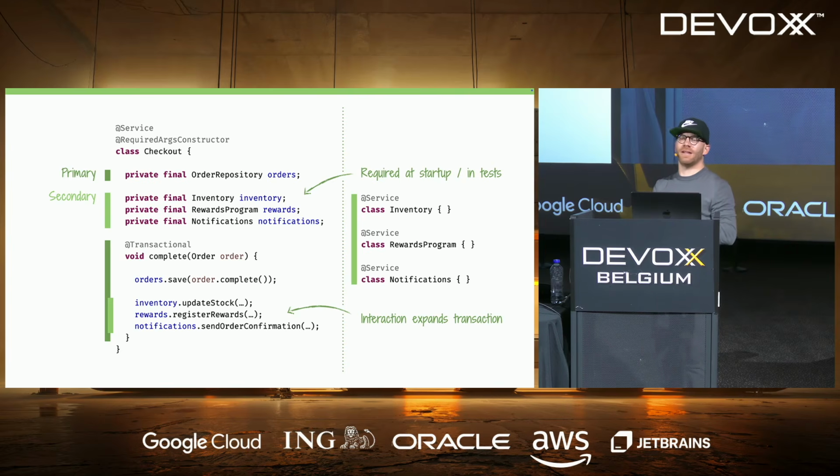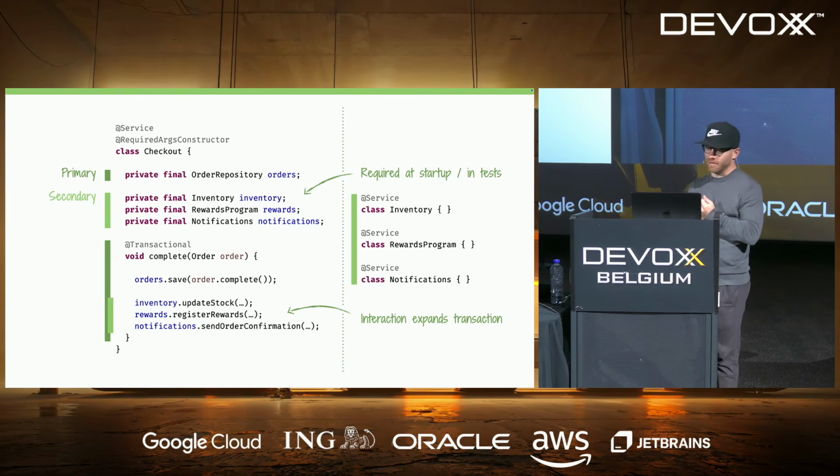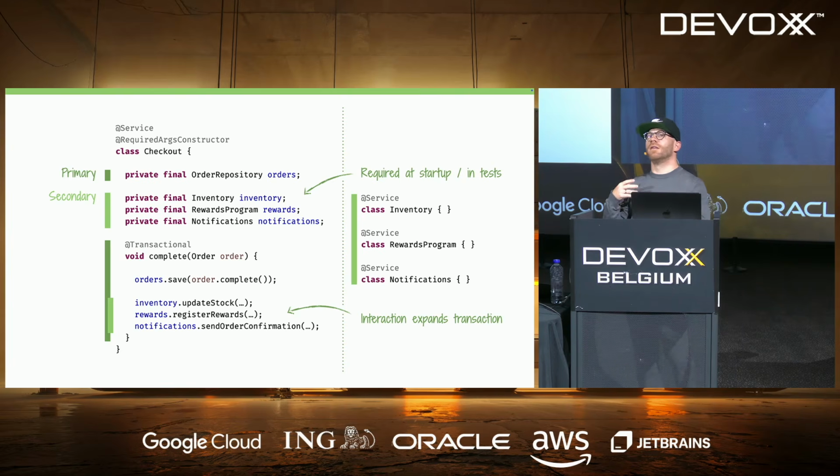Because you could argue, and that's probably why it exists this way, @Transactional just expands, because the invoked methods just take part in the existing transaction by default, right? So it's a very convenient model for developers to create strong consistency, right? If the update of the stock fails, our transaction rolls back and our system is in a consistent state. If we cannot register the reward points properly, we roll back everything and then we're good. Same for sending out that notification.